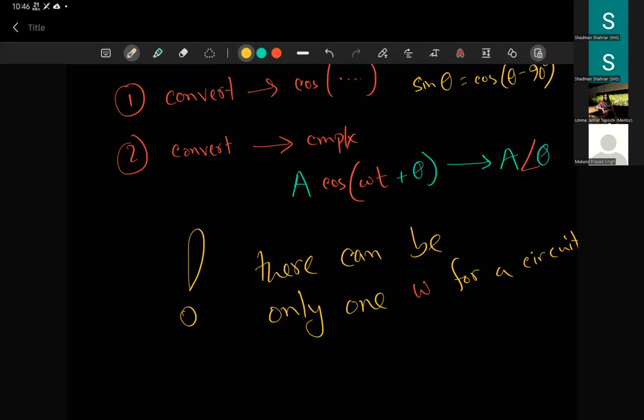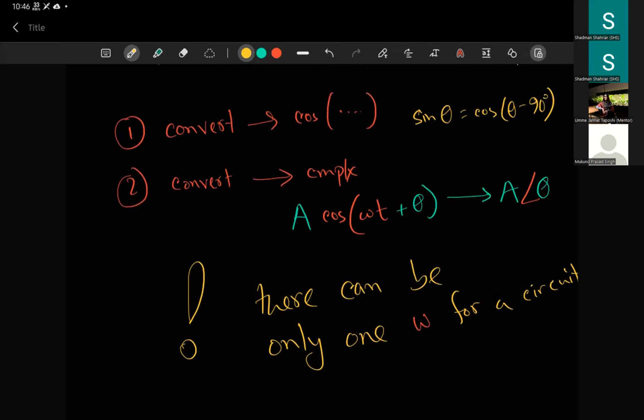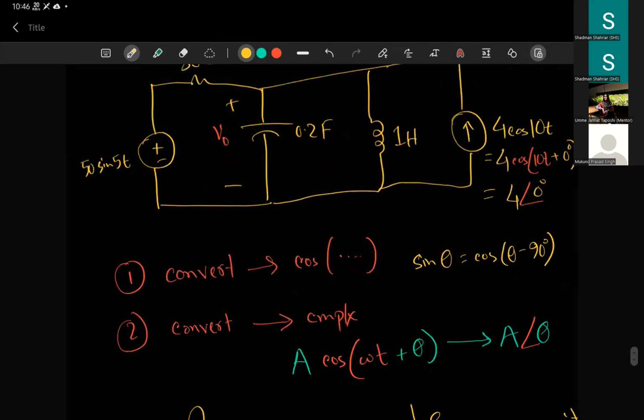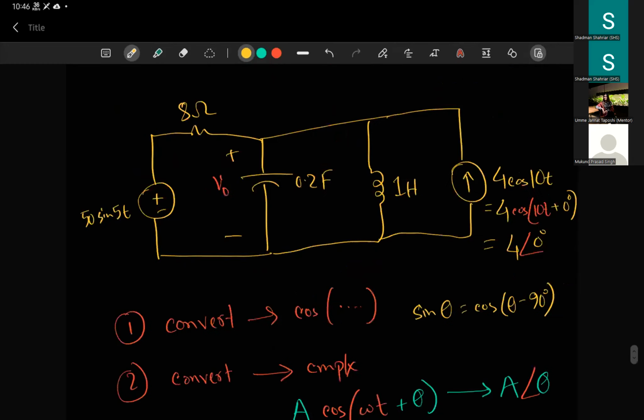Okay. There can be only one omega for a circuit. No more, no less. For example, in this circuit, if we convert this sine to cosine, it will be something like cos 5t plus something, or cos 5t minus 90 degree.